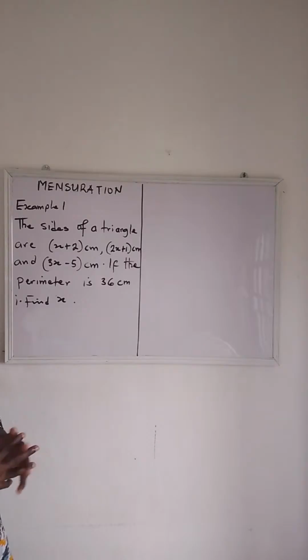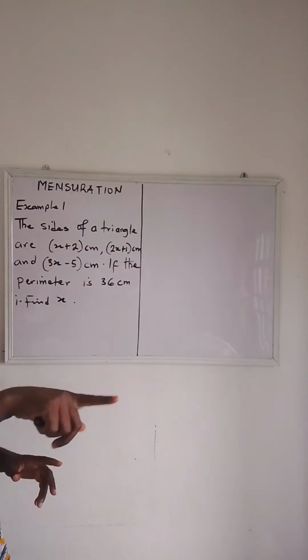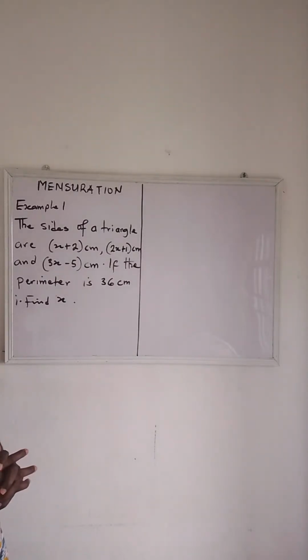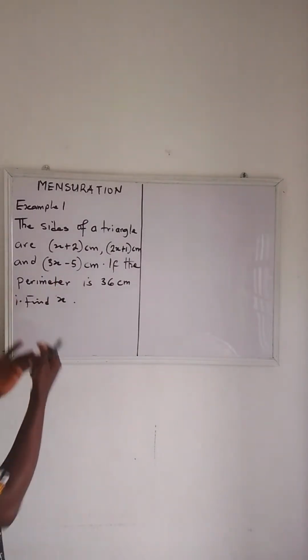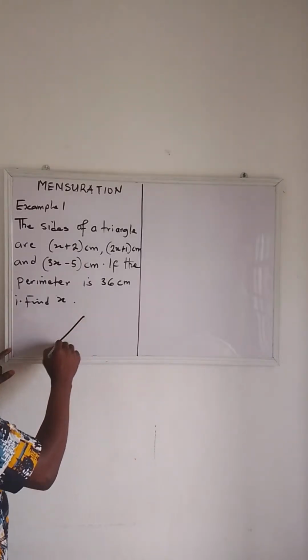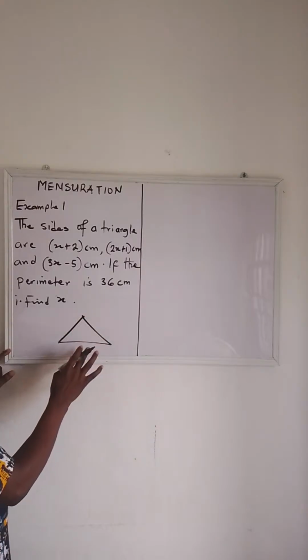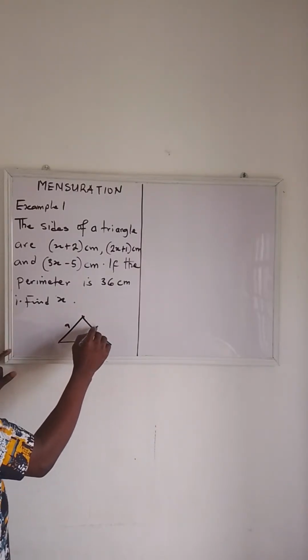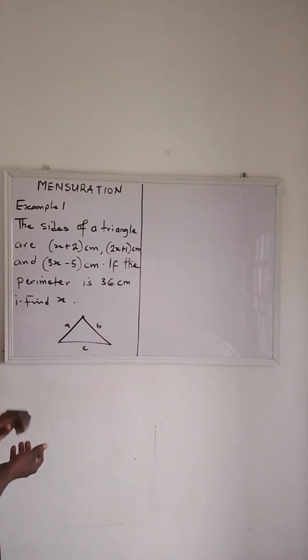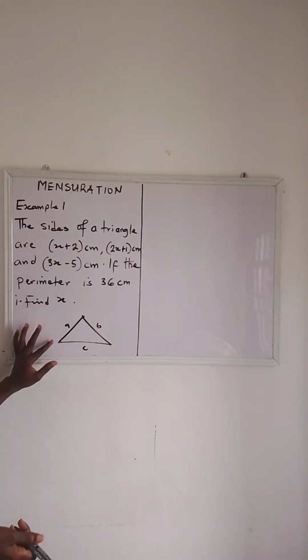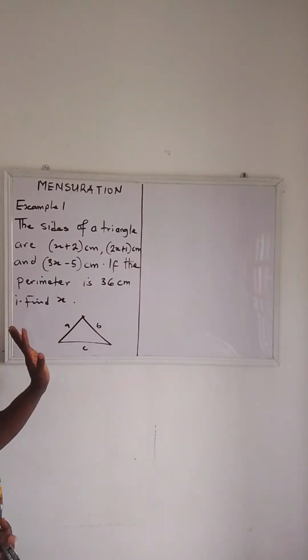Now, it's a very simple question. Don't forget, when I was explaining what perimeter is, I said the perimeter of any plane shape is the length of the boundary of that plane shape. Now we are talking about a triangle here. A triangle looks like this, and we have three sides: side A, side B, and side C. So the perimeter of this triangle is the addition of the three sides together.